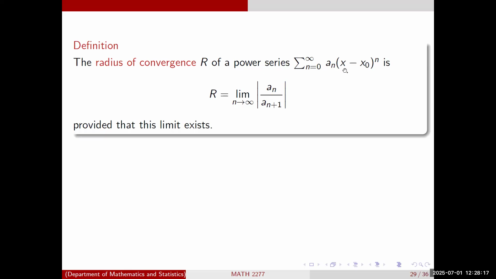So at x equal x0, the power series always converges. If I give you any power series, it is always going to converge at the center, because it will always converge to 0. If this radius r, this limit, works out to be 0, that's the worst case scenario. That means it only converges at one point, the center.